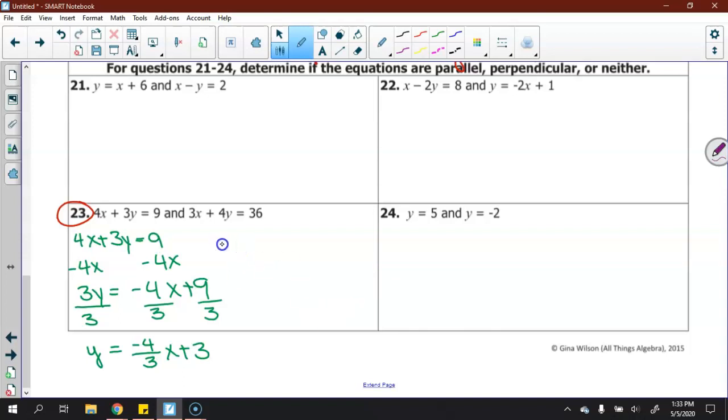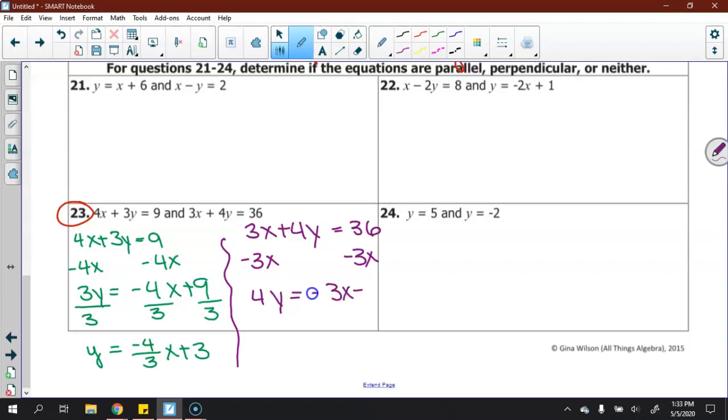Okay. All right, so this one over here, I've got 3x plus 4y equals 36. Same steps, and then divide by 4.